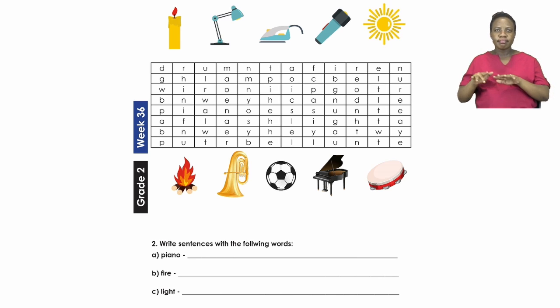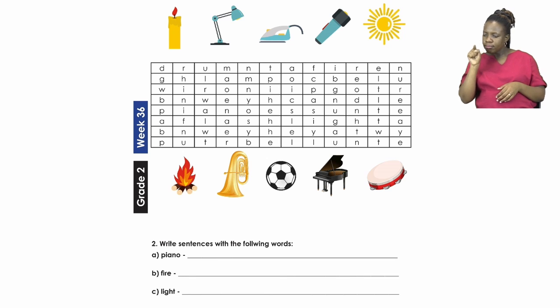One more time, piano, fire, and light. Now here you have to go ahead and write your own sentences by using those words. Now everyone, remember, when you write sentences, you must always start your sentence with a capital letter, and you must always end your sentence with a full stop.